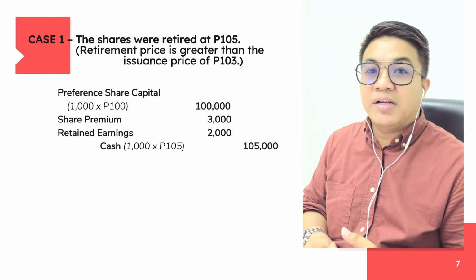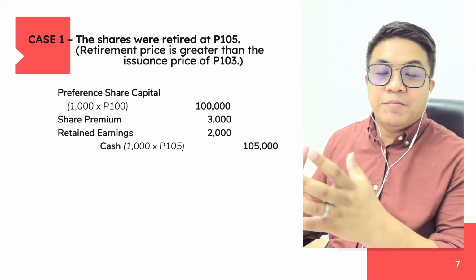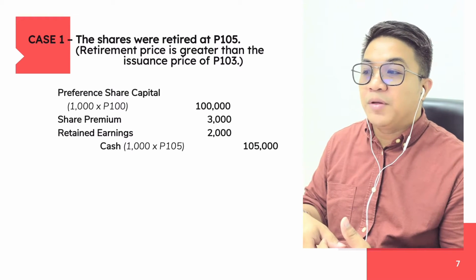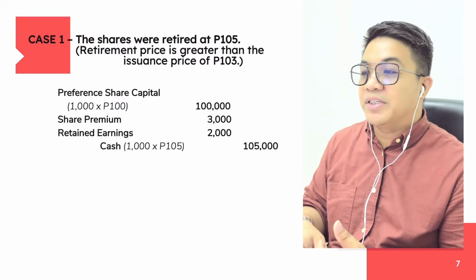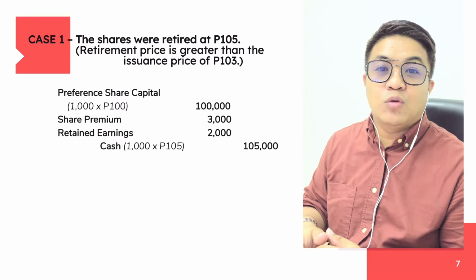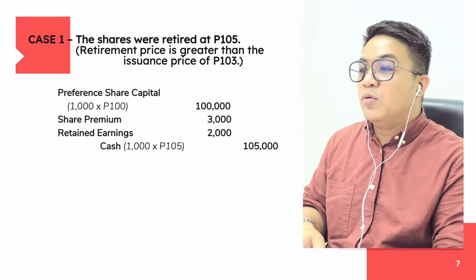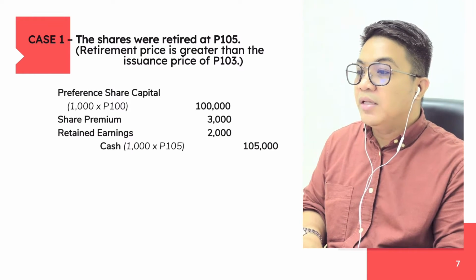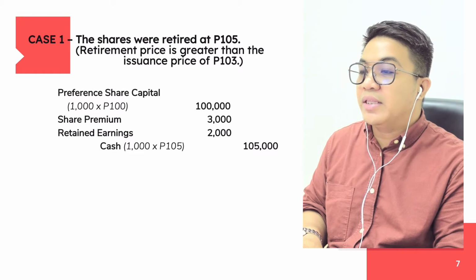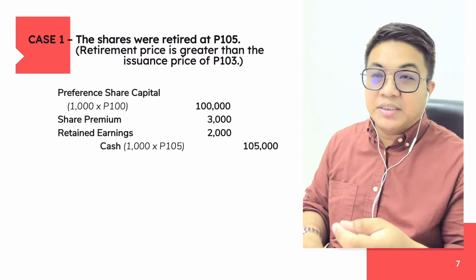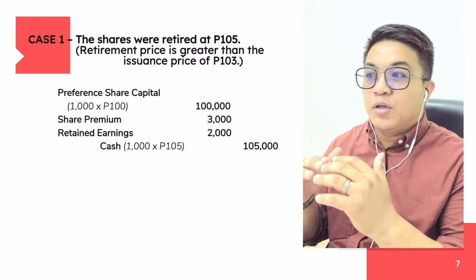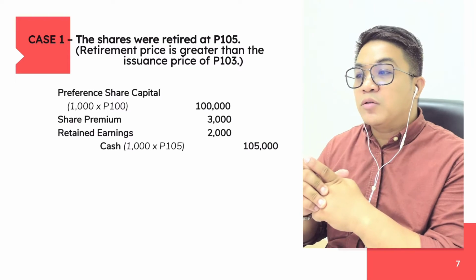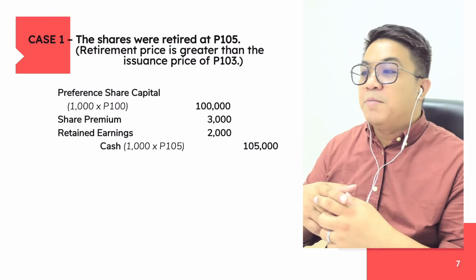That's a debit to preference share capital. How do we compute? From the given 1,000 shares, we multiply by the par value, which is 100 pesos per share. So we debit 100,000 to preference share. We also have the related share premium, 3,000, which you get from the issuance price: the par value is 100 and the issuance price is 103, so there is a difference of 3 pesos related to the share premium.